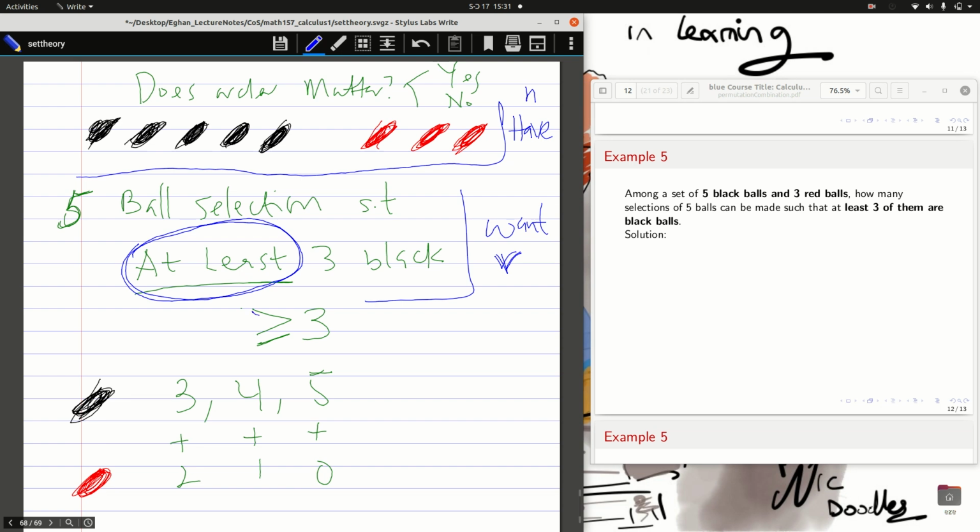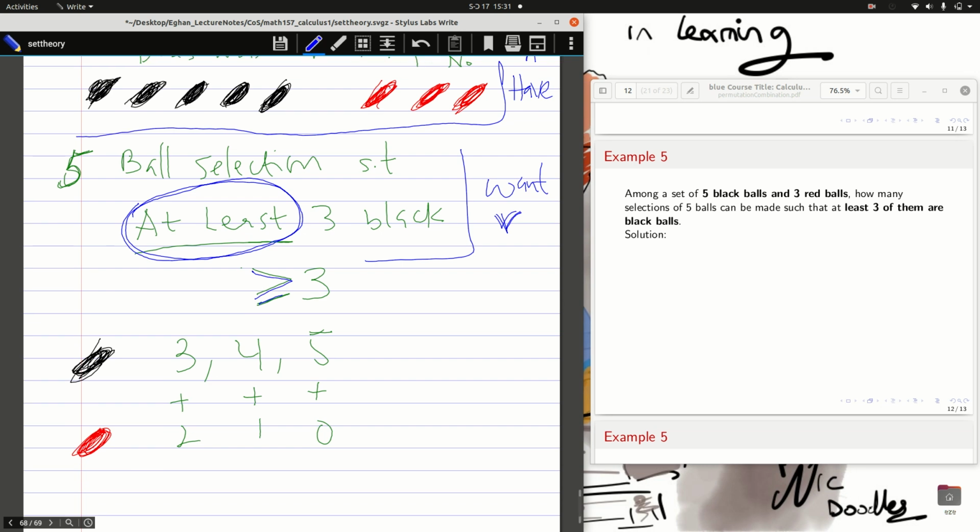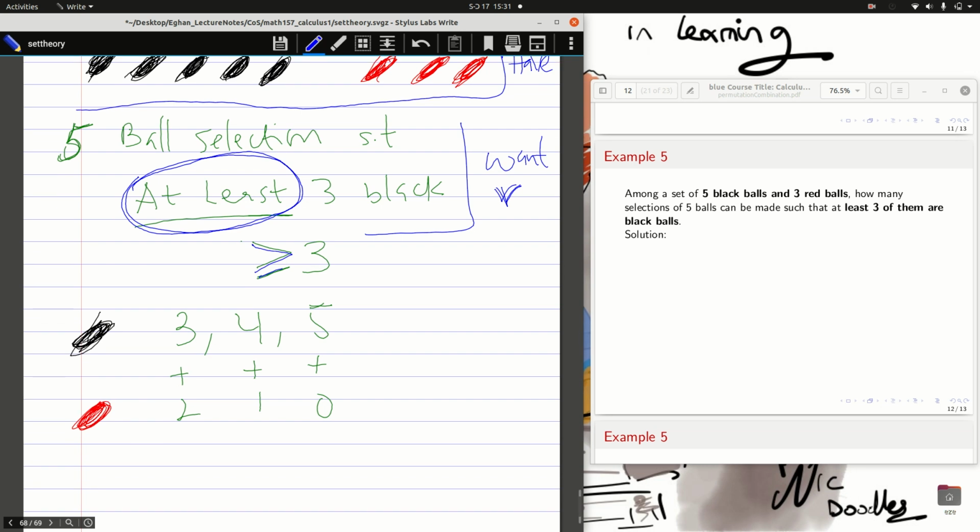So greater than or equal to 3, but it should be within 5. So I can select 3 black balls, or 4 black balls, or 5 black balls. If I select 3 balls, because I want 5 in total, it means I have just 2 red balls to add up, 1 red ball to add up here, or no red ball to add up at this stage.